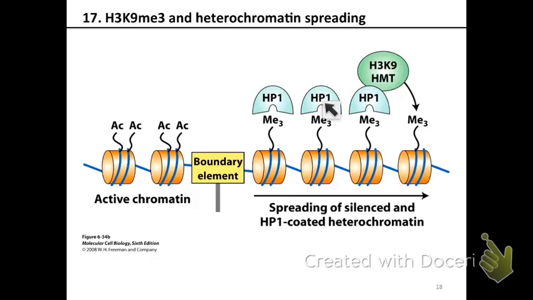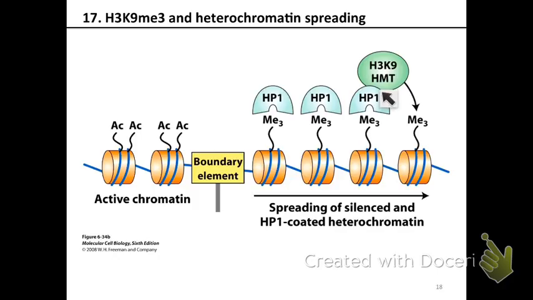Okay, so that's H3K9 histone methyltransferase, H3K9 HMT, to a site. So that HMT is going to put the methyl 3 on H3K9, and that is going to recruit the HP1 protein to bind here.